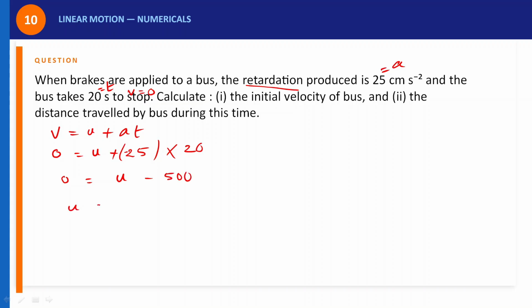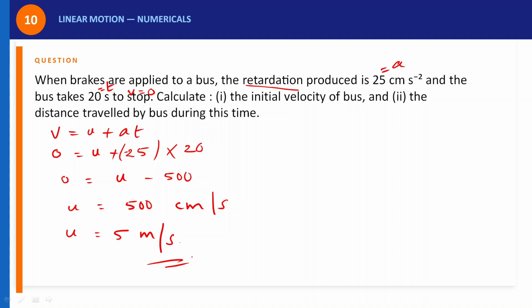Then u equal to 500 centimeter per second. Initial velocity in centimeter per second. Convert into meter per second. Then u equal to 5 meter per second.